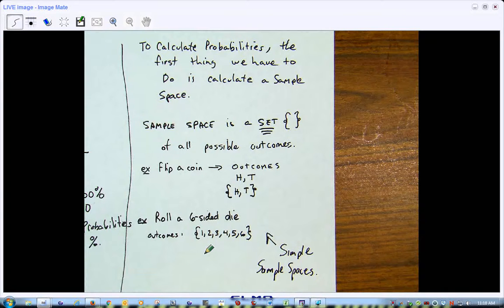But sample spaces get big in a hurry. And if we're flipping a coin, that's great. If we're rolling a die, that's great. But what if I said something like this? Well, first off, we okay with this?